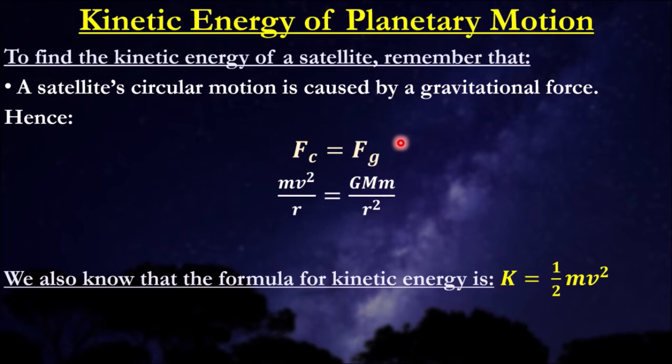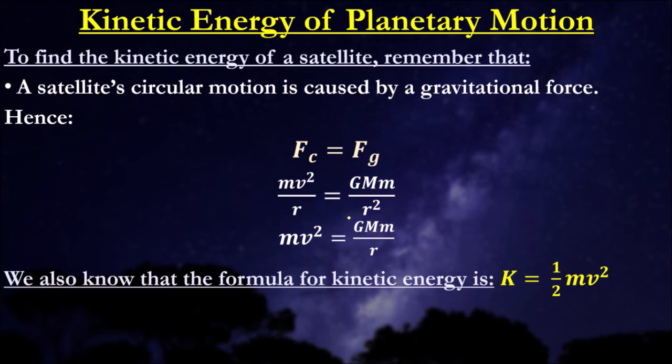We also used this to find orbital velocity. But what I want to show you here is what if I just got rid of the r's on both sides, cancelling this r here and the r squared here to just r, and you get this formula here.